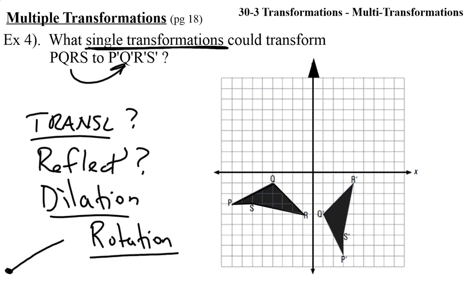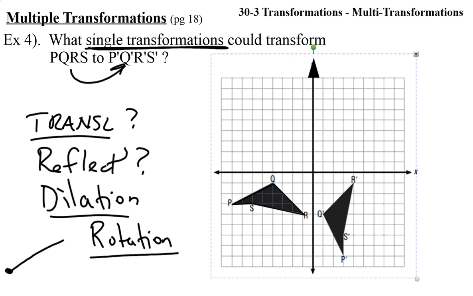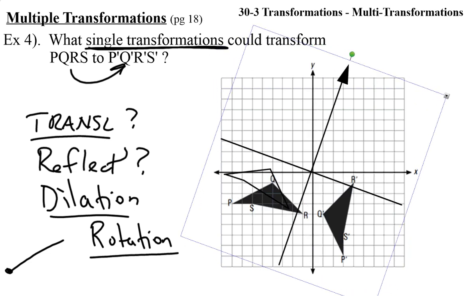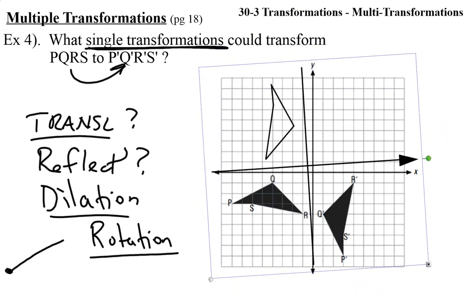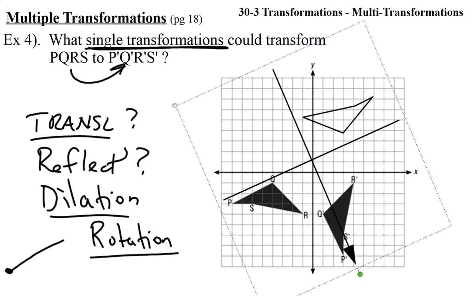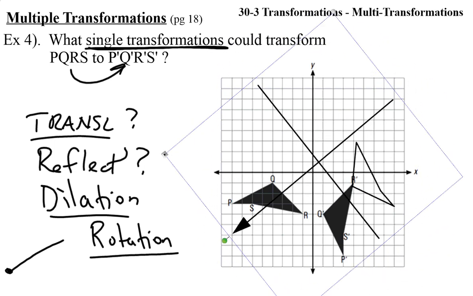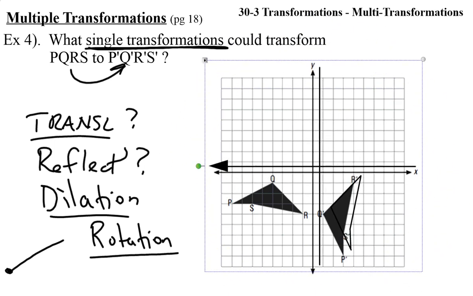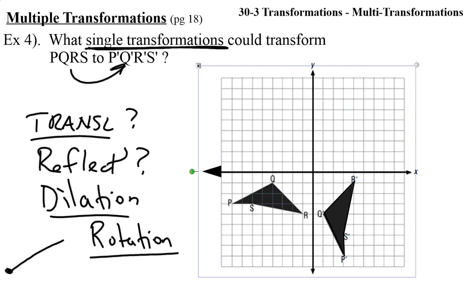So you want to take note, is it possible to rotate this graph so that one object becomes the other? Now I know my graph doesn't perfectly line up. I can rotate it and then slide it, and there you go. Note that my PQRS will slide directly over top, and what did we do?